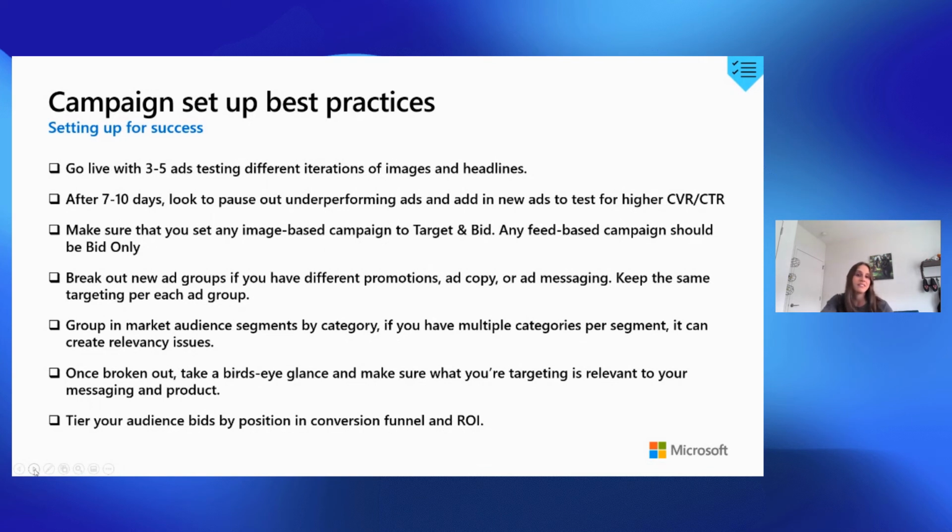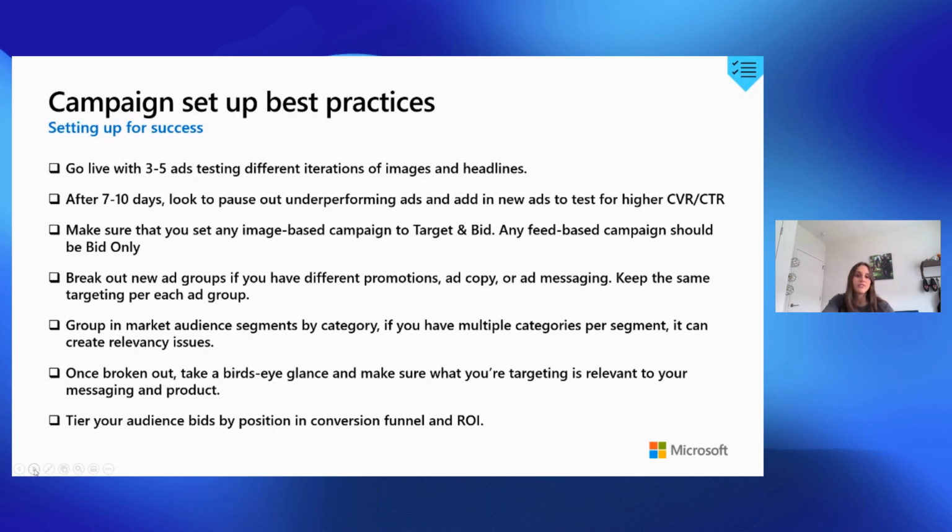And after 7 to 10 days, look to pause underperforming ads and add in new ones to keep the CTR and CVR in a good, healthy place. Ad fatigue does set in earlier on with native advertising, so I always recommend that we update creatives every 2 to 3 weeks. Make sure that you set image-based campaigns to target and bid, and like I mentioned, any feed-based campaign should be bid only.